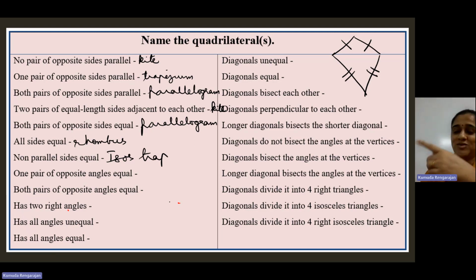You've written right trapezium, but in a right trapezium, one pair of adjacent angles are equal to 90 degrees, not opposite. One pair of opposite angles equal. Only one pair of opposite angles equal in a kite.